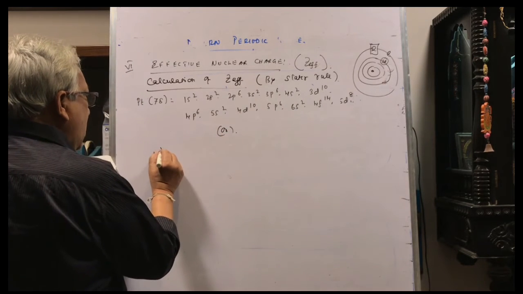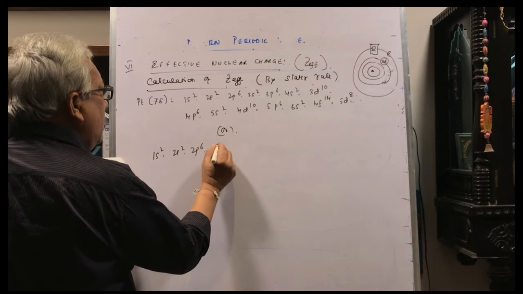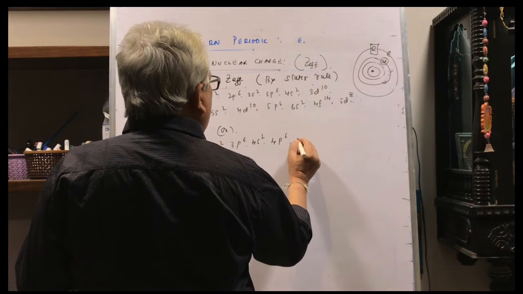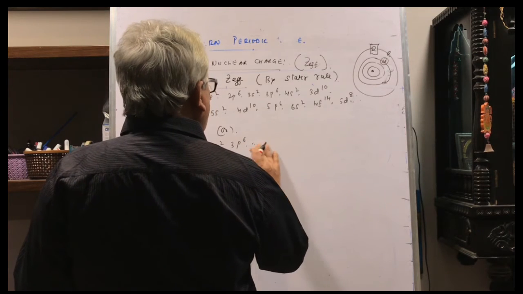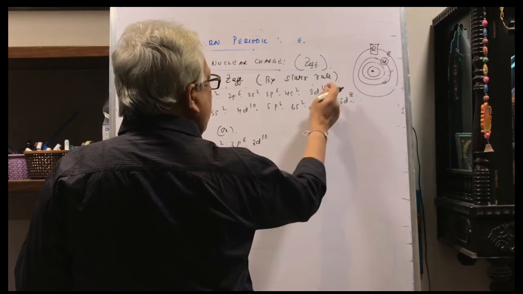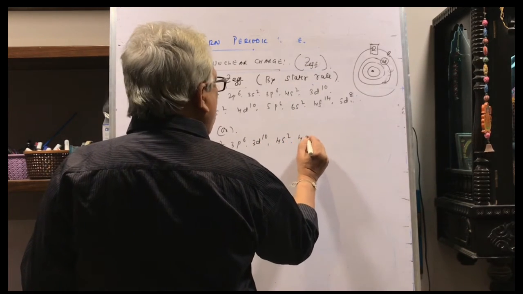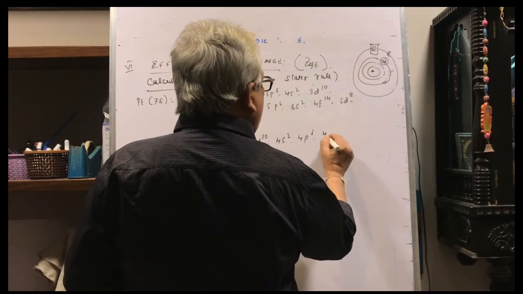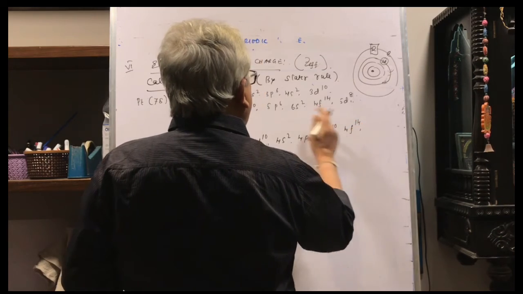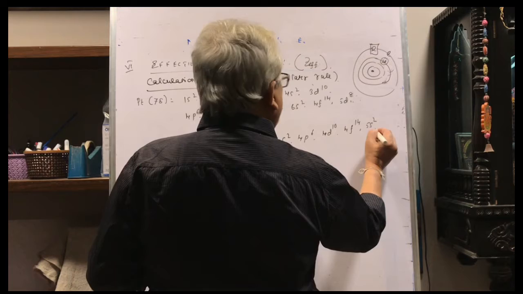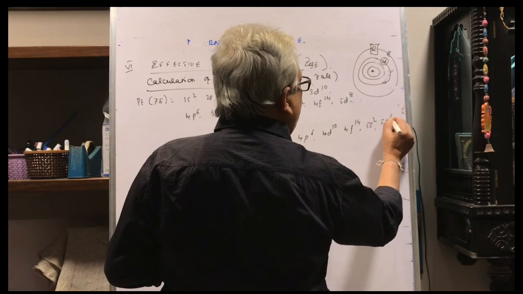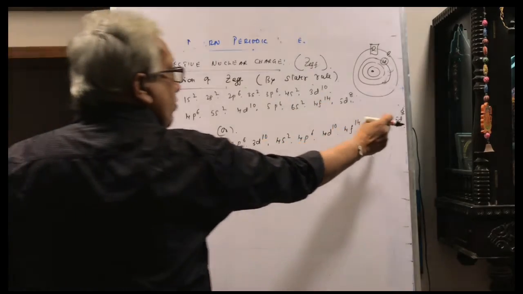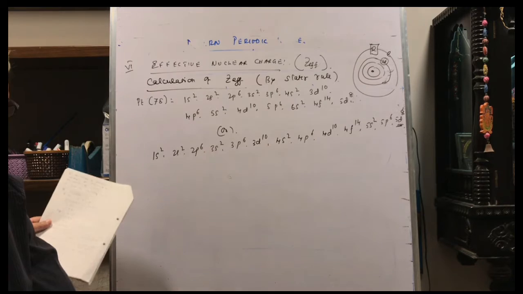I will write it as 1s2, 2s2, 2p6, 3s2, 3p6, then 3d10, this comes first, then 4s2, then 4p6, then 4d10, then 4f14, then 5s2, after that comes 5p6, after that comes 5d8, and I'm thinking of the effective nuclear charge on this one electron in the 5d. So what I will do, I will do it like this.